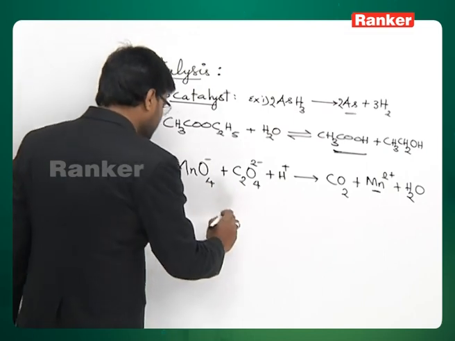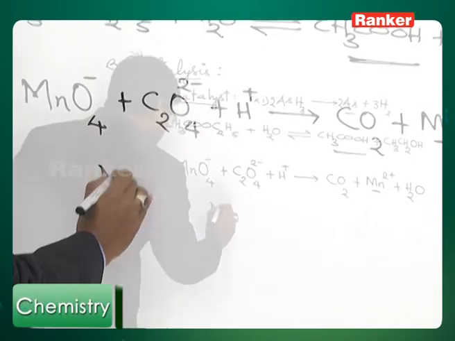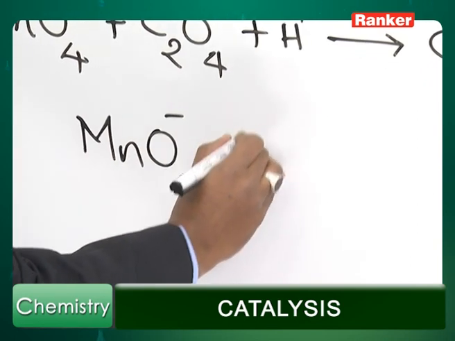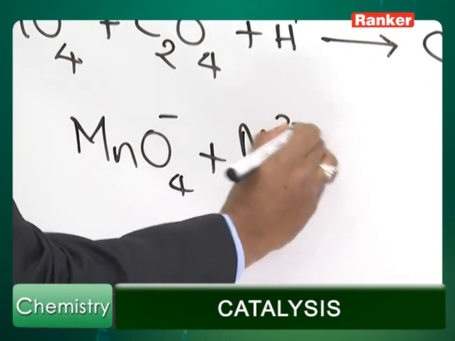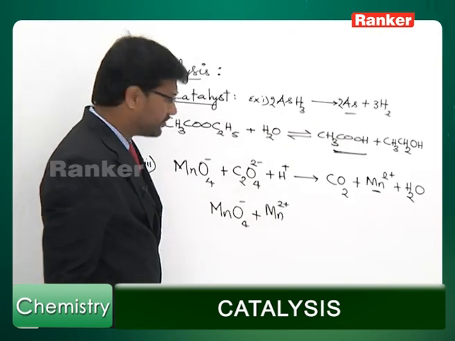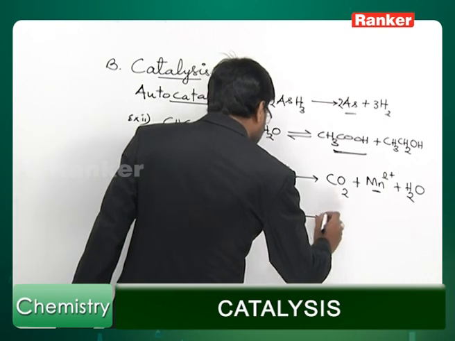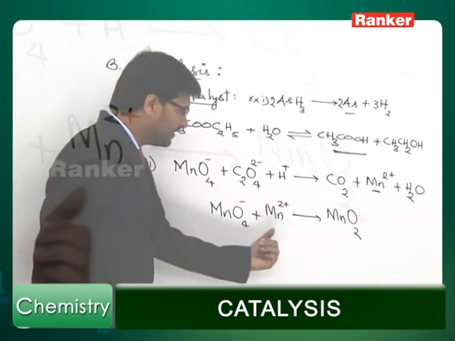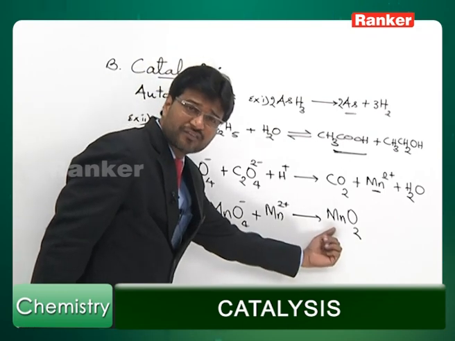Now, what happens after some time is that when a reasonable amount of Mn2 plus is formed, the left out MnO4 minus will undergo a comproportionation reaction and produce MnO2. This is +7, this is +2, this is +4.